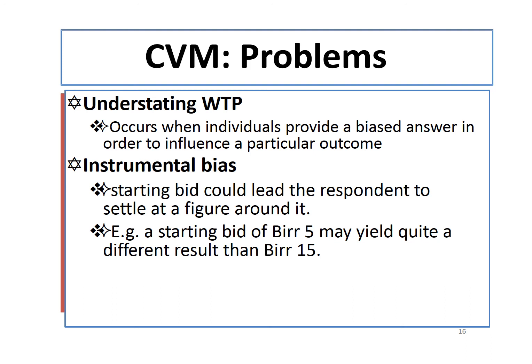Also, instrumental bias can be involved if we are not very knowledgeable about where to start the bid. For example, if we start the bid from 5 birr, it might give us a different result than if we had started the bid at 15 birr or $15.